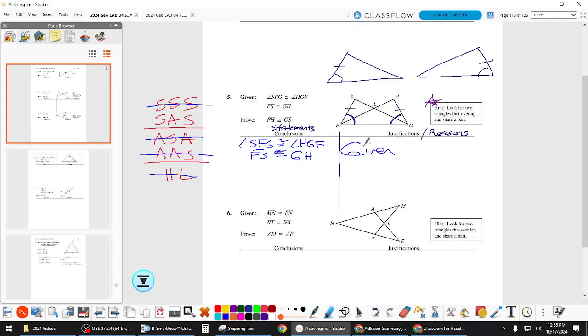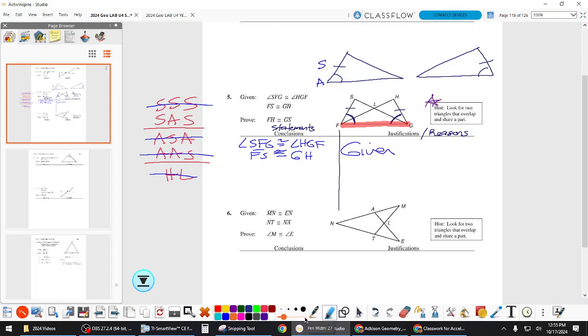As it stands, we have a side and an angle. So we need another side. And it just happens that if I labeled these pictures, FG, and this is FG, that is the same exact side length. Okay, so that's why that highlight was there, because it is what property?